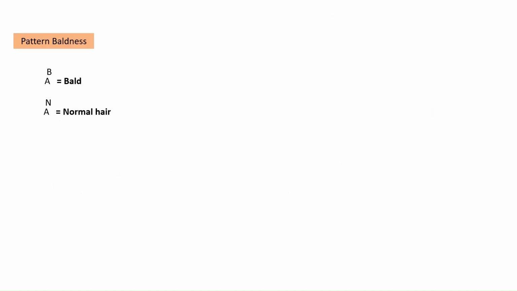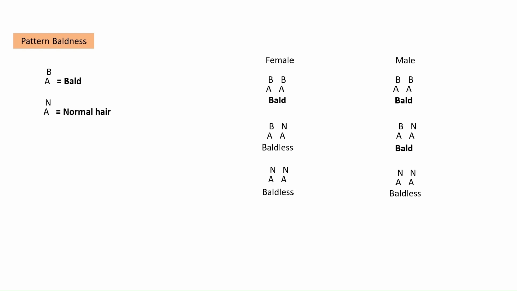Another such example in humans is pattern baldness. Capital B is responsible for bald, capital N for normal hair. In case of female, the presence of capital B in homozygous condition is needed for the expression of the character.